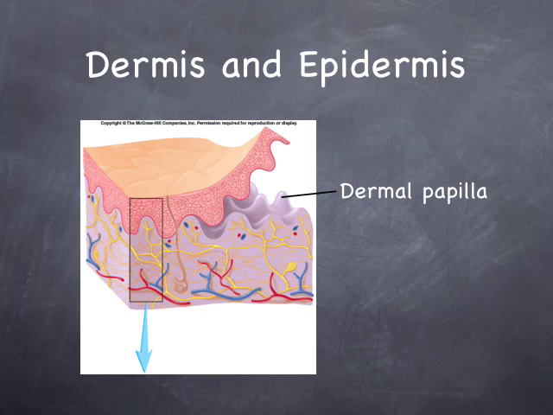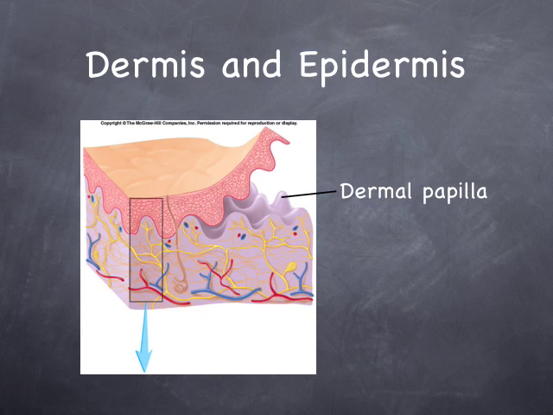The dermis is also what causes your fingerprints. Right? Have you ever seen fingerprints with the little whorls and little lines that go everywhere? All those little ridges of a fingerprint are down in the dermis. Okay, instead of having these little bumps, what you have are little ridges that run underneath here, and the epidermis then just lays over it.